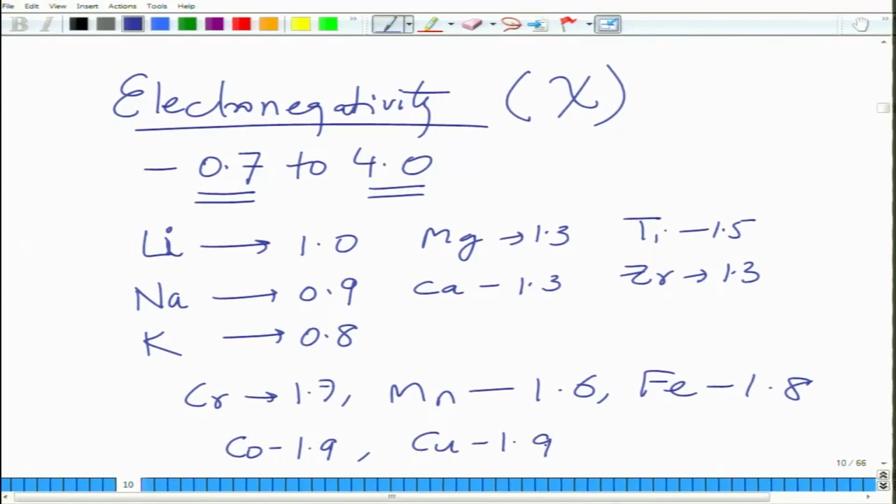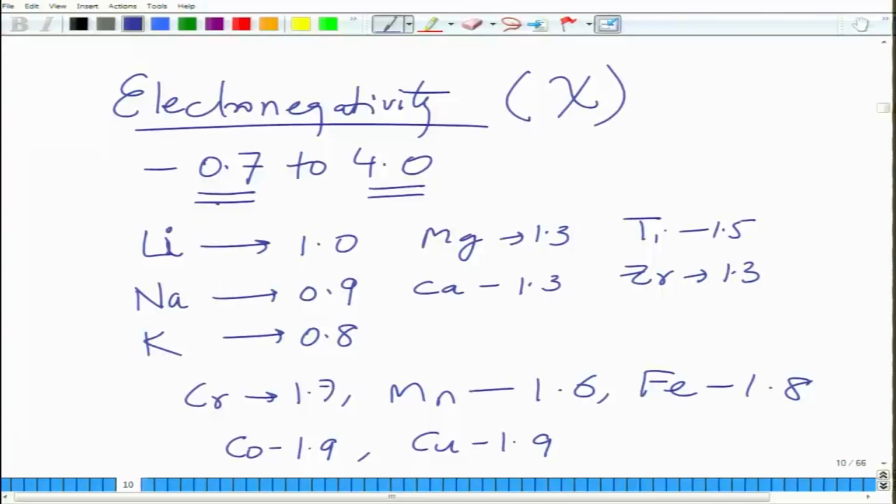You can see that most of these elements have electronegativity which is slightly on the lower side, starting from lithium which starts at 1, it goes right up to about 2 for most metals. Okay. So they are in some sense strongly electropositive or moderately electropositive.